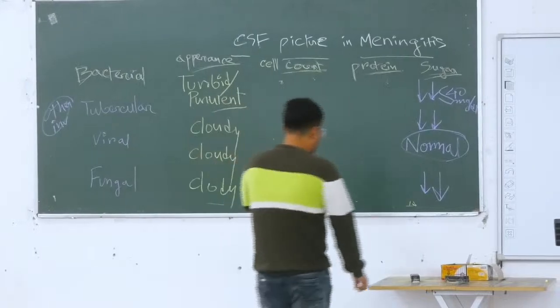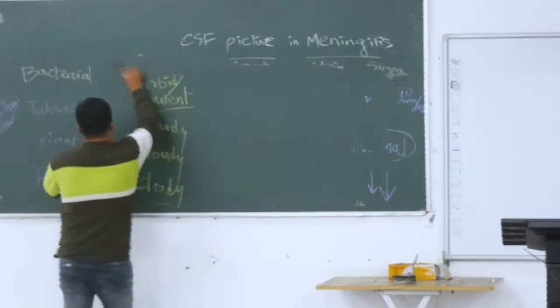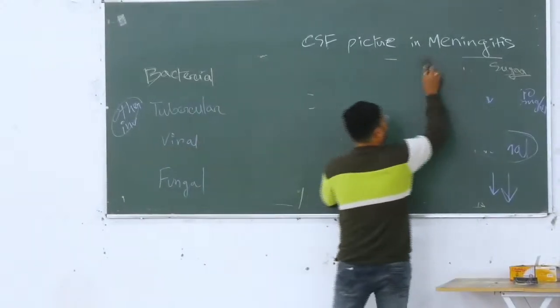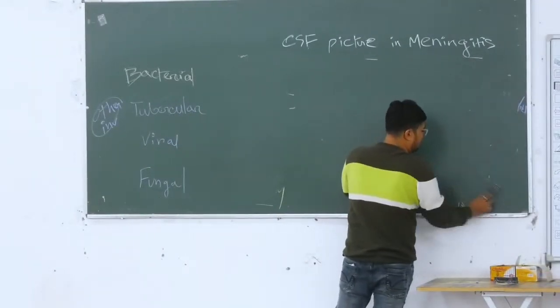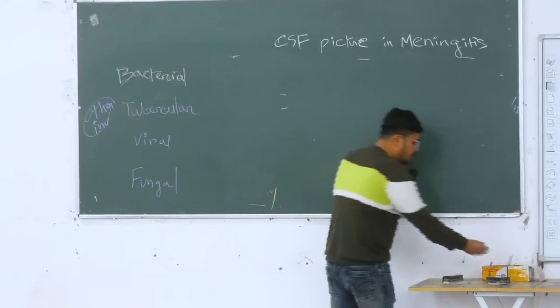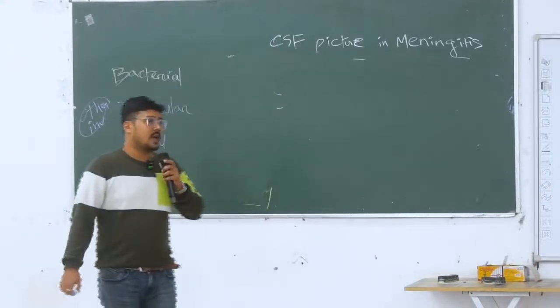Okay. Now this is mostly the appearance, cellularity, parameters that majorly differ in their values in various kinds of meningitis.